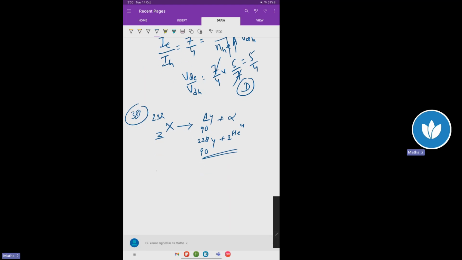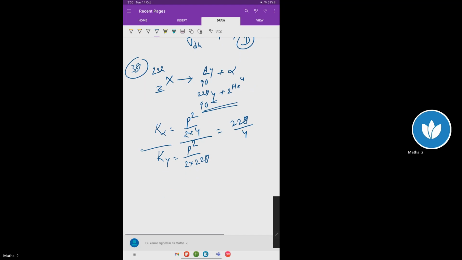And kinetic energy of each part: kinetic energy of alpha particle is P square by 2 M alpha, where M alpha is 4. The kinetic energy of Y is P square upon 2 into 228. Now ratio of K alpha by K Y is 228 by 4. Now K alpha upon K total, the fractional energy of alpha particle, is 228 upon 228 plus 4, that is 228 by 232. Option B.